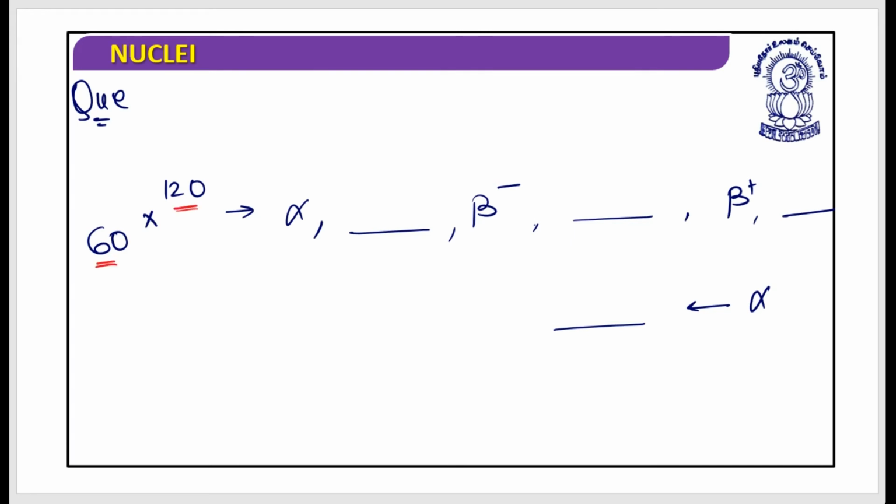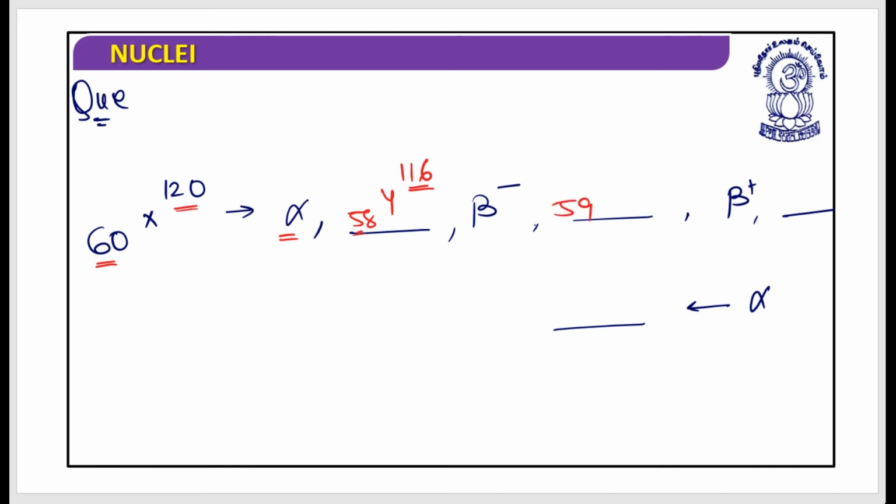So this is 60X120, and if an alpha particle has been emitted, 2He4 would be the reduction, so this is 58Y, 120 minus 4 which is 116. Next a beta minus has been emitted. When beta minus is emitted, the mass number remains the same but the atomic number changes, and as I need to release minus 1E0, I need to add 1.